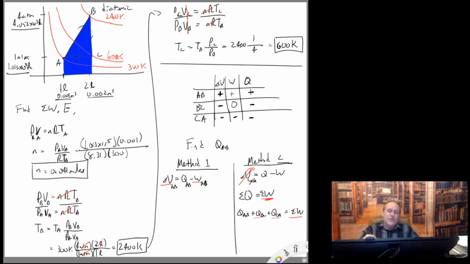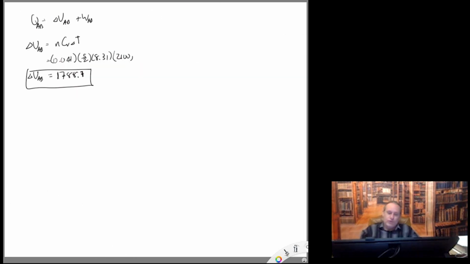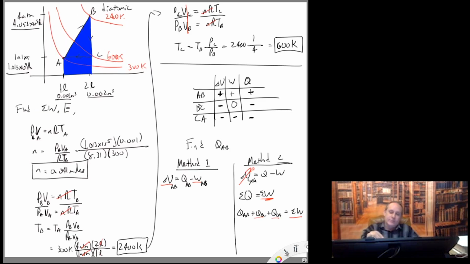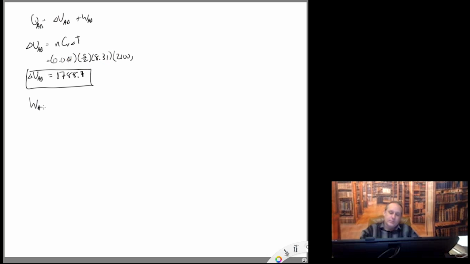So what I would do is find the area of the triangle and the area of the rectangle and add them up. So the work AB is the area of the triangle plus the area of the rectangle.